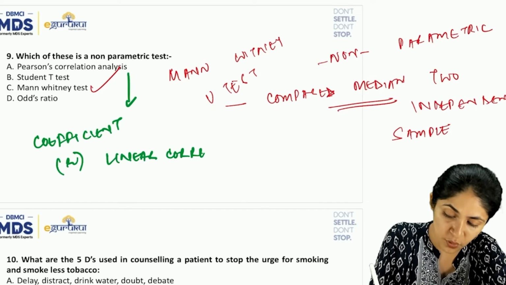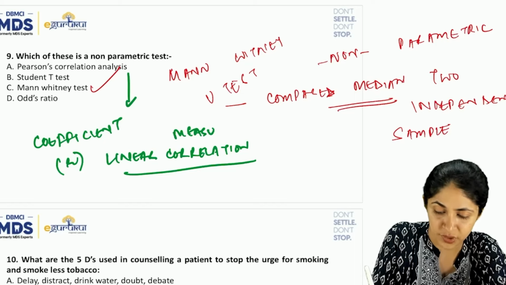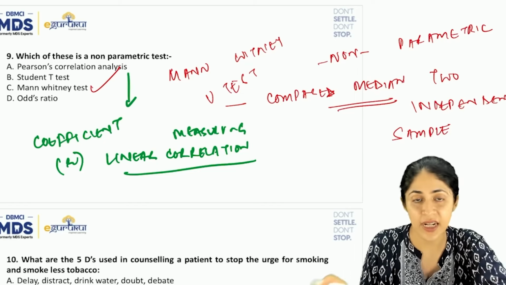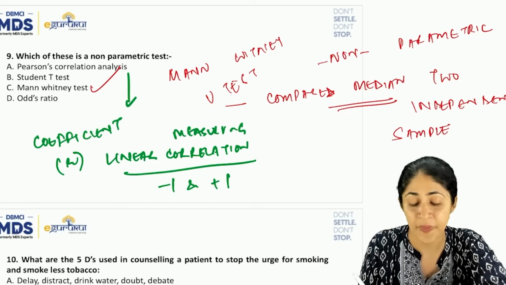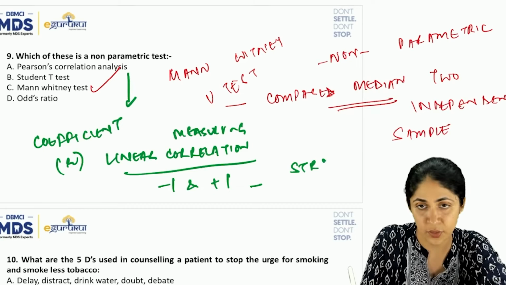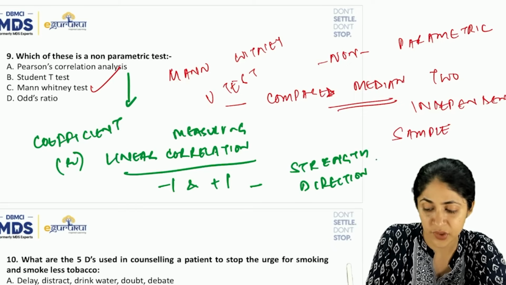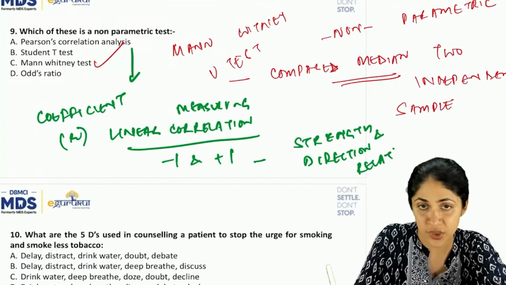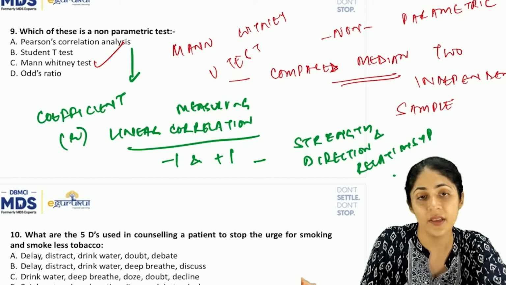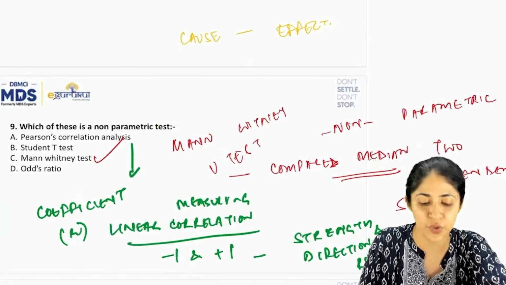It is a number that lies between -1 and +1. It measures the strength and direction of the relationship between the two variables. That is what a correlation coefficient is.